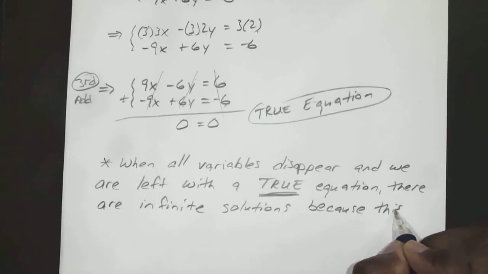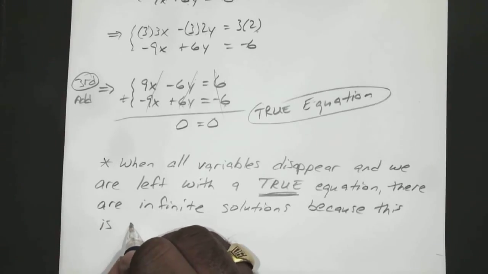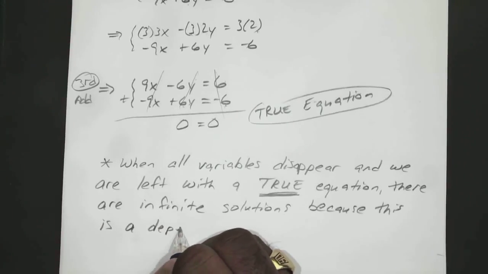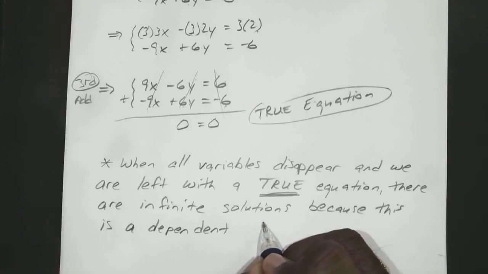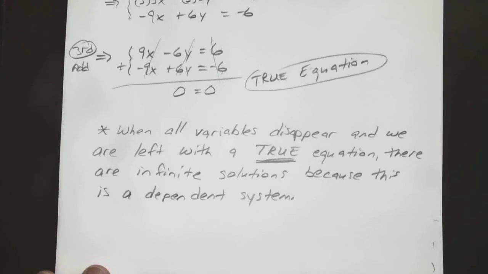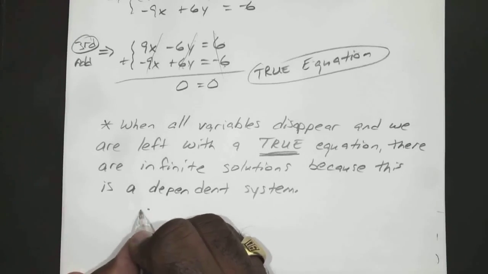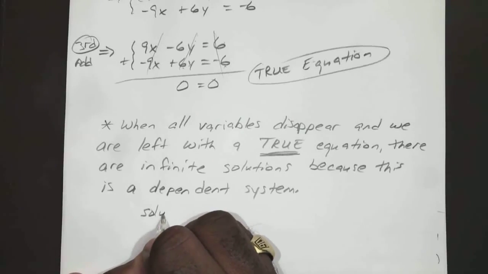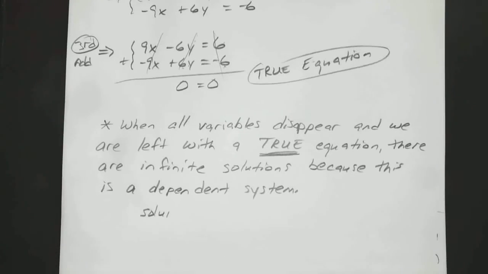This is a dependent system. And you know it's a dependent system because they're both the exact same graph. So your answer would be infinite solutions.